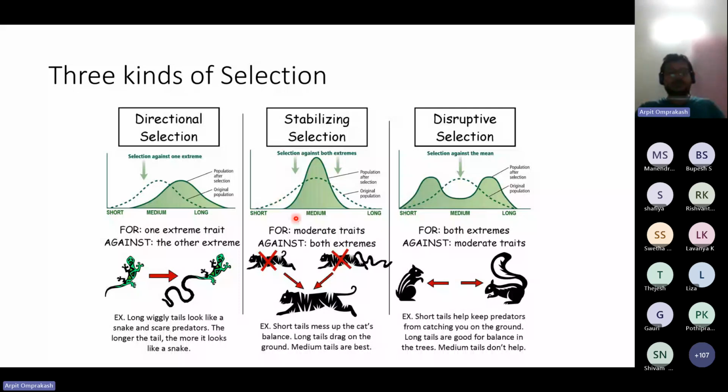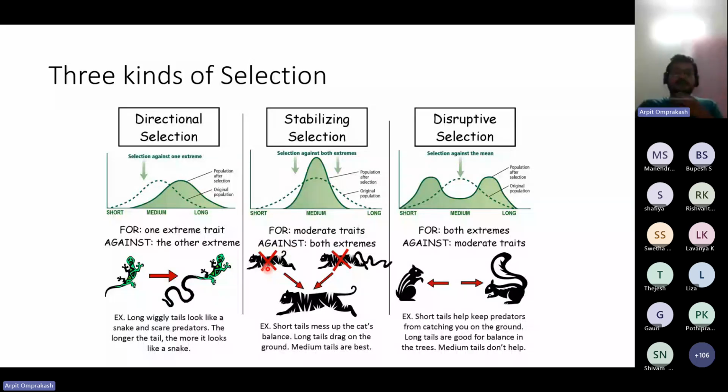So for example, let's say we are now talking about a cat's tail. When cats have very short tails, they are not able to balance when they're jumping from one place to the other, or jumping up and down.